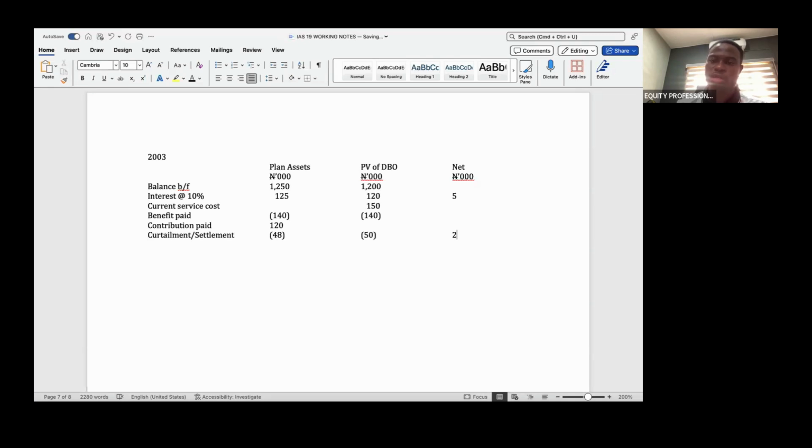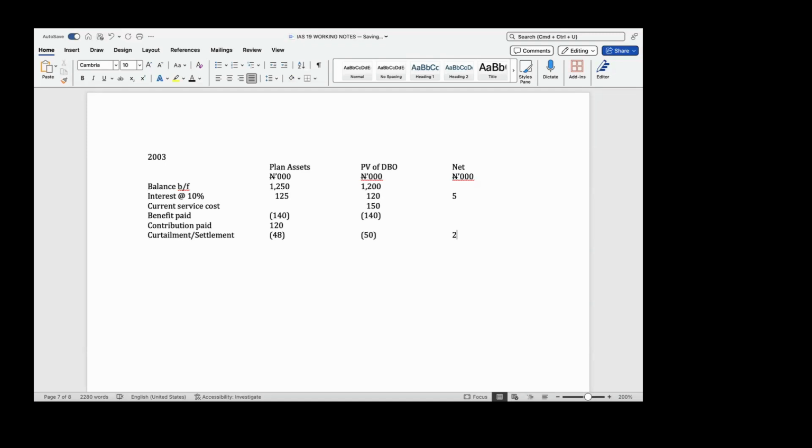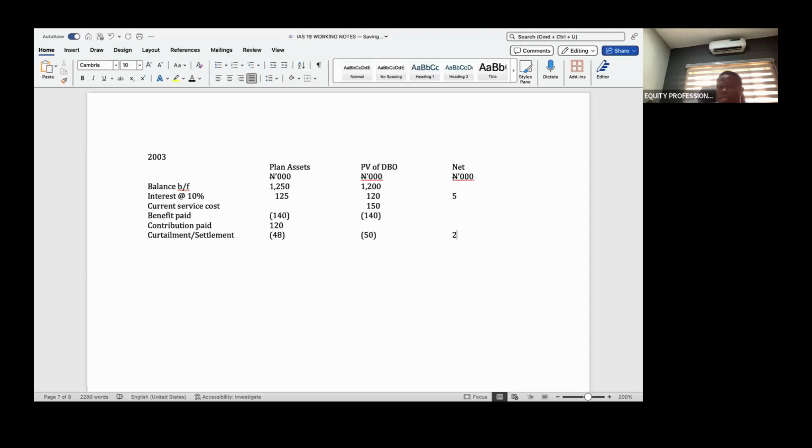Who can tell me, what do we call this 2? Let me try. Okay. I think it's a gain on settlement. Fantastic. That's absolutely correct. So why a gain and not a loss?